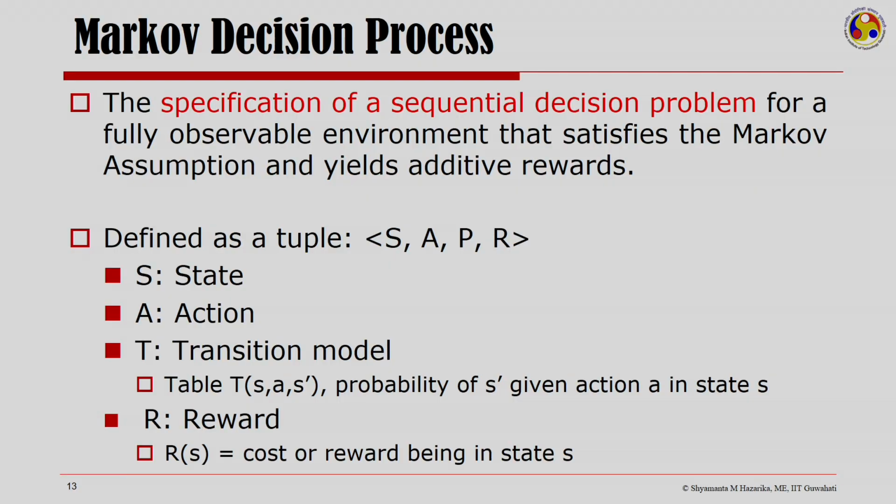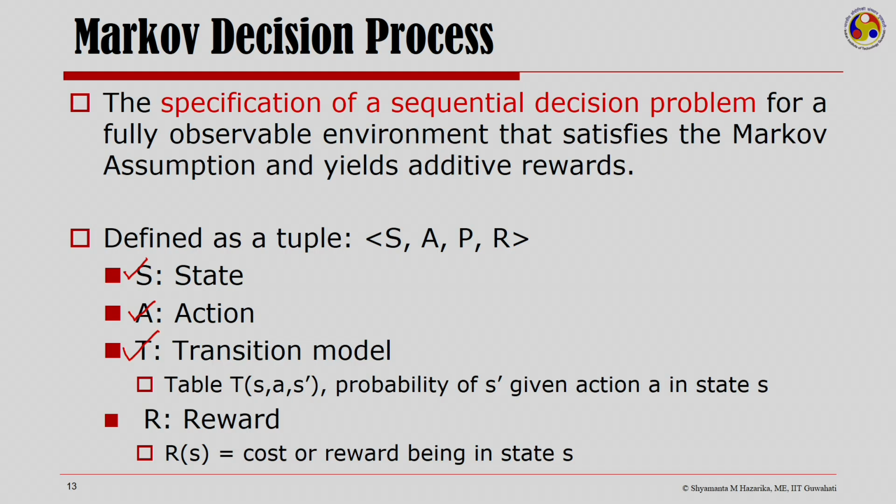Markov decision process is the specification of a sequential decision problem for a fully observable environment that satisfies the Markov assumption. So, it is defined as a 4-tuple where I have the state, the action, the transition model.